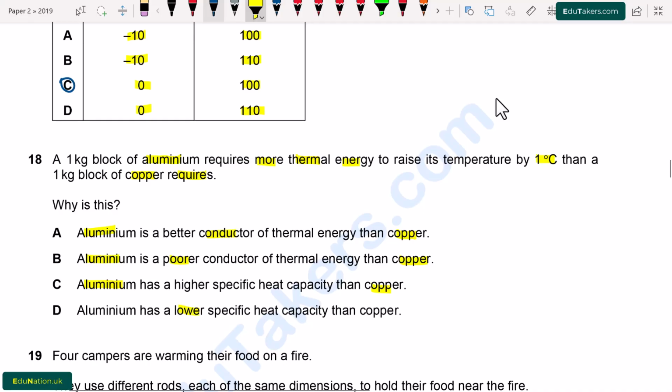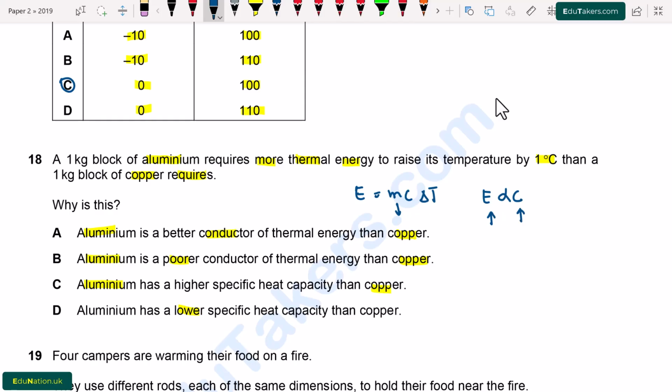So first of all, we know that E is equal to m c delta T. Here m is the mass, c is specific heat capacity and delta T is the change in temperature or rise in temperature. So energy is basically proportional to c, which means that when the specific heat capacity is higher, then the energy should be higher. Both of these are directly proportional to each other.